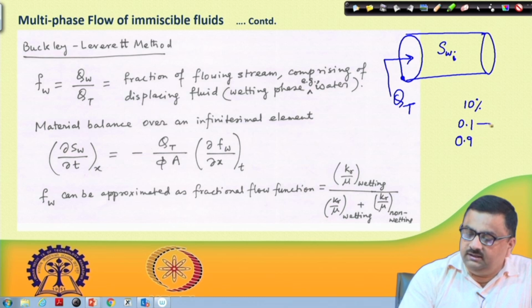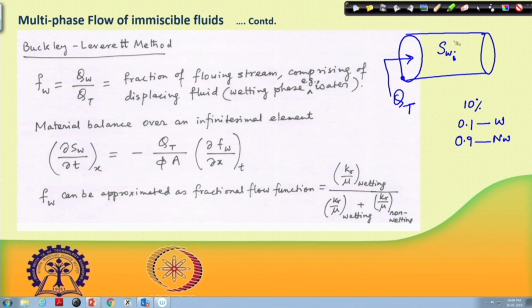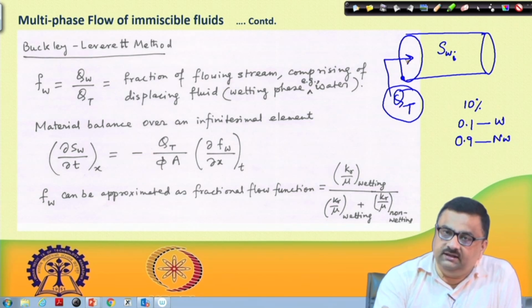So 0.1 is the wetting phase and 0.9 is the non-wetting phase. That was the case in this porous plug, and then we are injecting the wetting phase, which is water, at a total flow rate Qt. So this is what we are injecting at the inlet here.